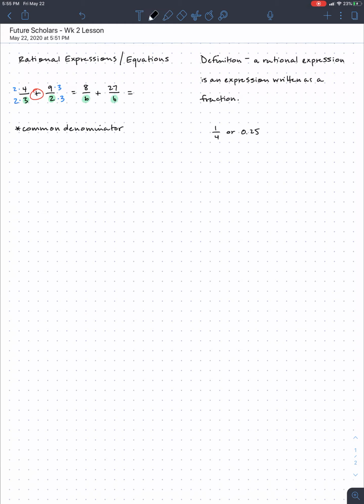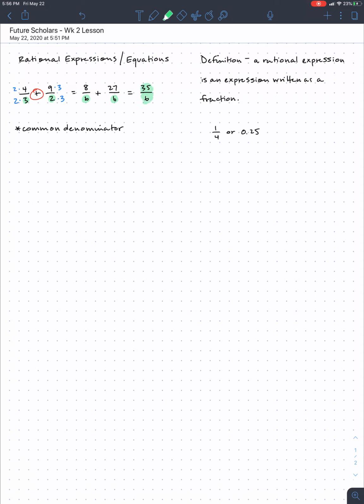And we get 8 plus 27 over 6, which would be 35 over 6. And at this point, we would see, can we reduce this 35 over 6? And we can't, so this is actually our final answer.